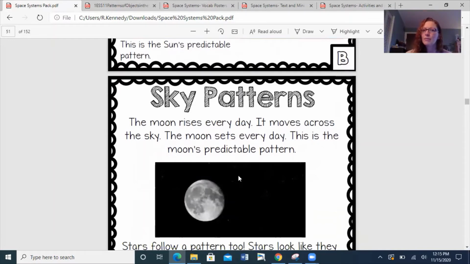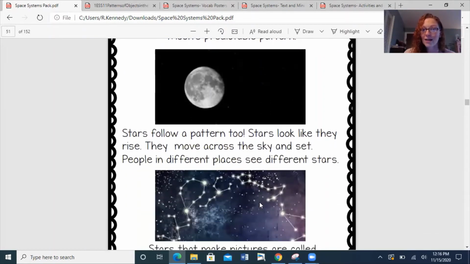And when can we see the moon? Yeah, it's usually at night, right? Absolutely. Sometimes during the day, but usually at night. The moon rises and the moon sets. Nice job. What else has a pattern? The stars. Excellent work.